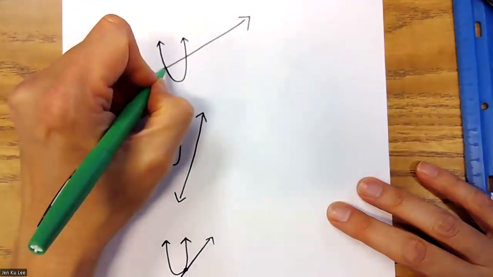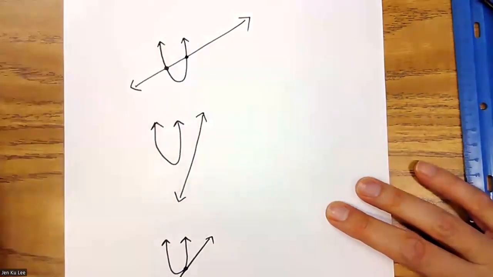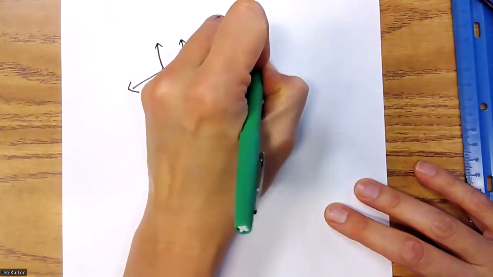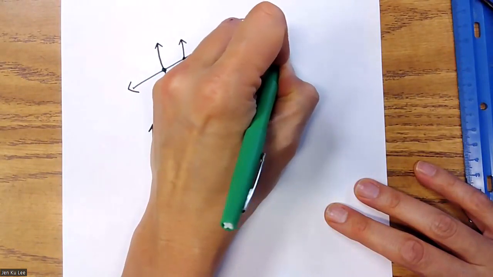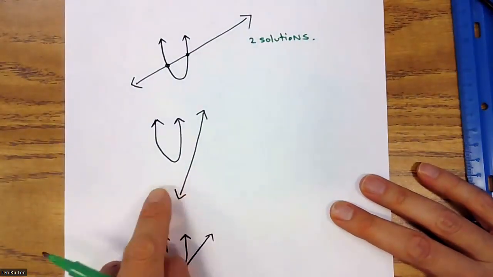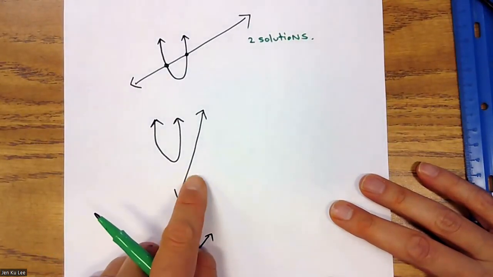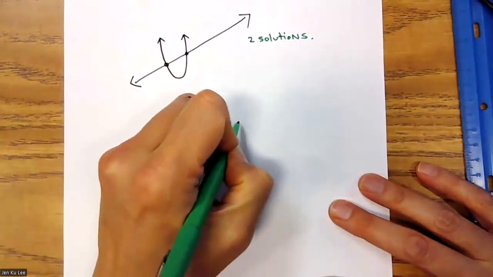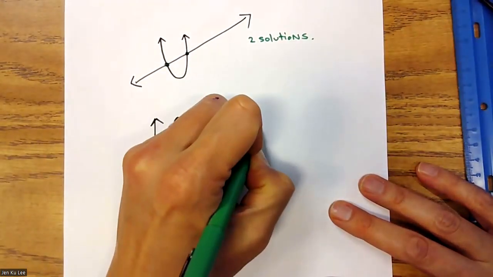But here, there's 2 intersection points, correct? So there's 2 solutions. Here, how many intersections are there? There's 0, right? So there's no solution here.